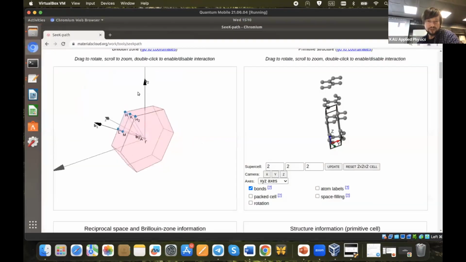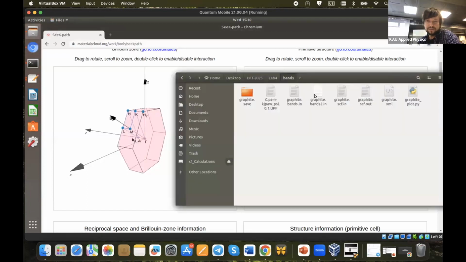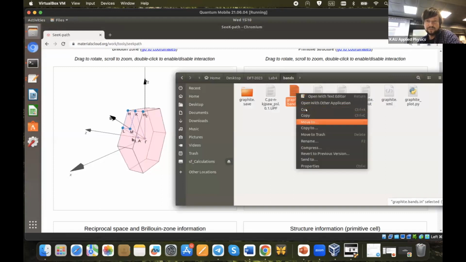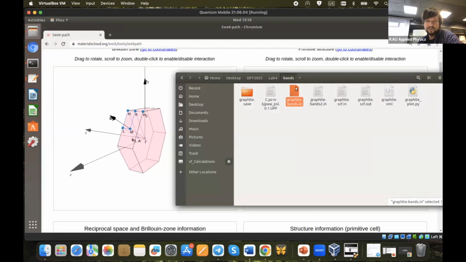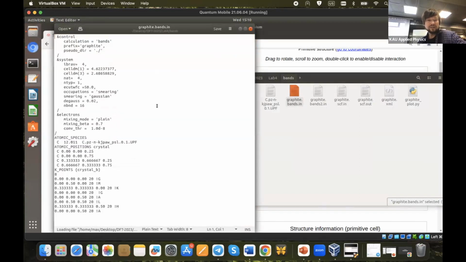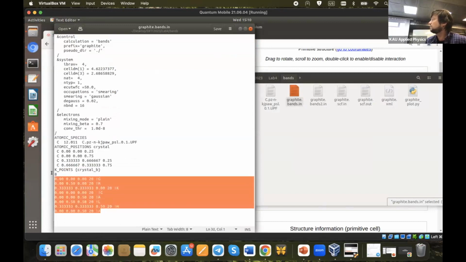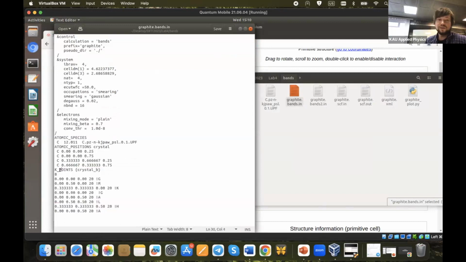Yeah, what I wanted to tell about the Brillouin zone. You see, bands.x. We have this file bands.in. I open it, and here I see these key points, crystal band. So it's some path in this hexagonal lattice. We have eight dots.